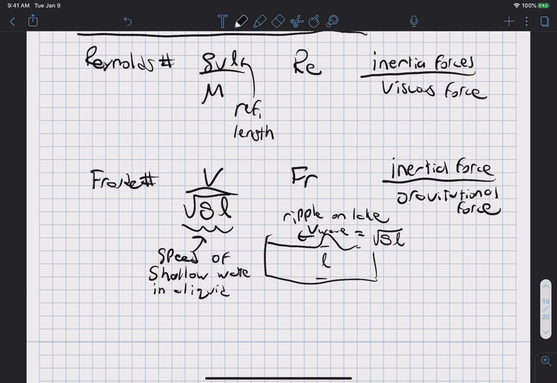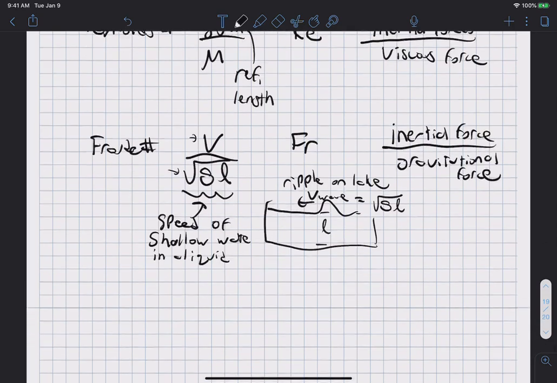So really the Froude number is the ratio of the speed of the water to the speed of the surface waves. For folks who work with the fluid mechanics of rivers, like in the civil engineering department, the Froude number plays the same role in those types of flows that the Mach number does for fully compressible flows.